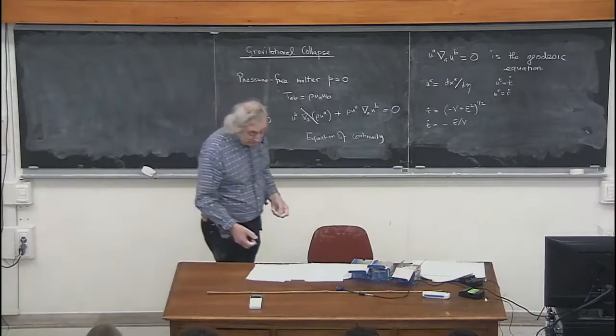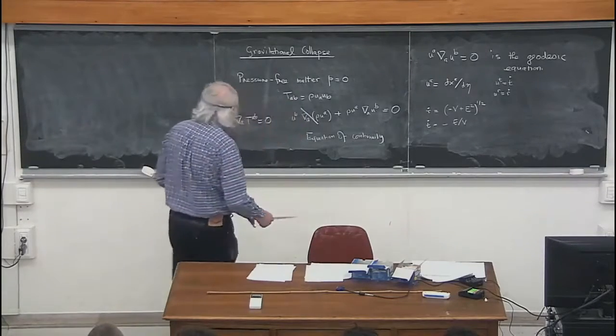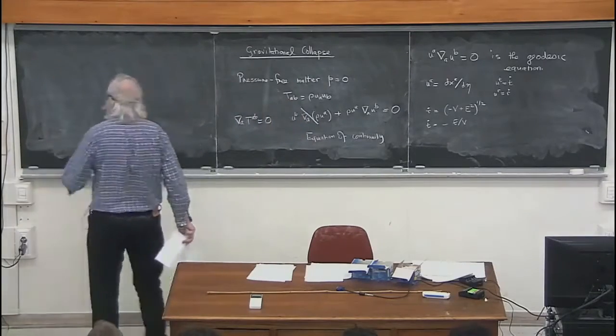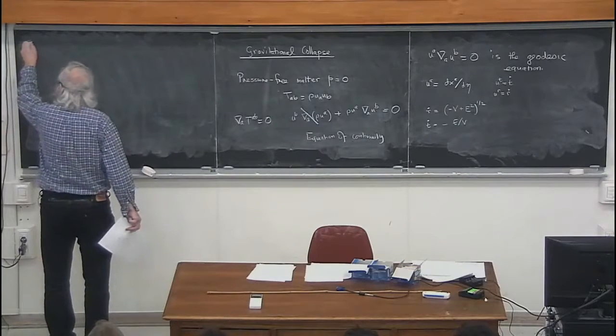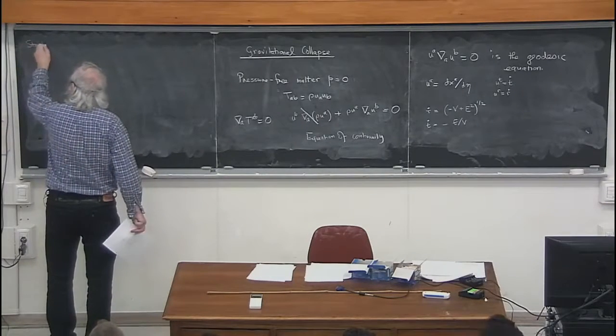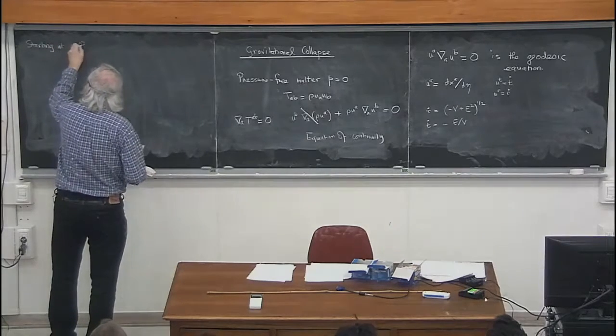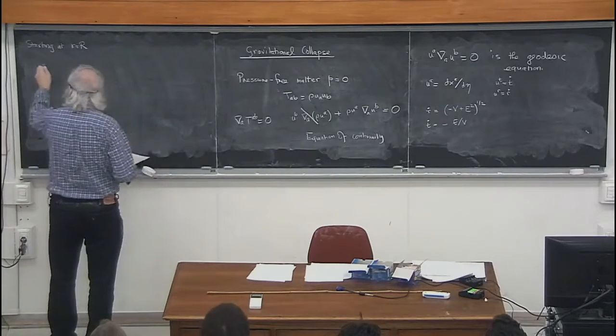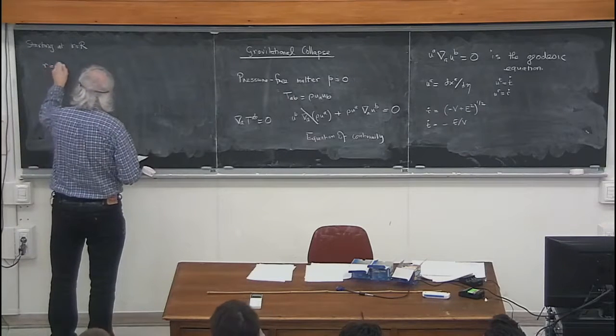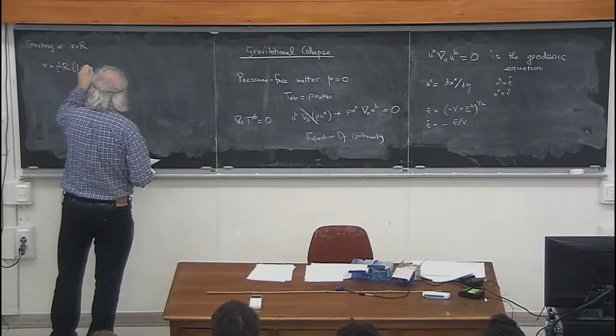Let me tell you the answers. Let's start off at r equals big R. You will discover that little r is equal to a half big R into 1 plus cos eta.